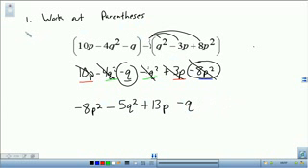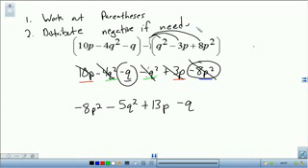Work out the parentheses, step 2, distribute negative if needed. We needed to distribute the negative to everything in here. Otherwise, we would have gotten the wrong answer. Please pause. Write these 2 steps down. Step 1 and step 2.